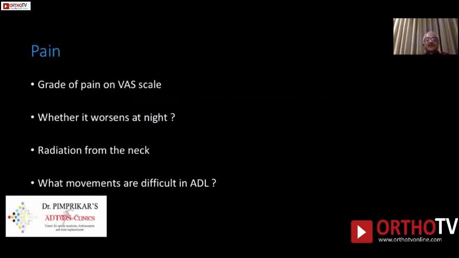The second important point in the history is pain. We have to understand what the grade of pain is on a VAS scale. Plus, sometimes you have to ask leading questions as to whether the pain worsens at night, whether it radiates from the neck, and what the probable difficulties are in doing activities of daily living.